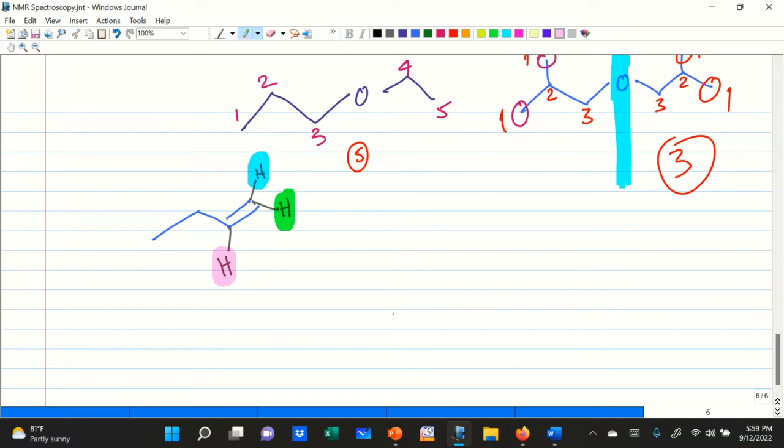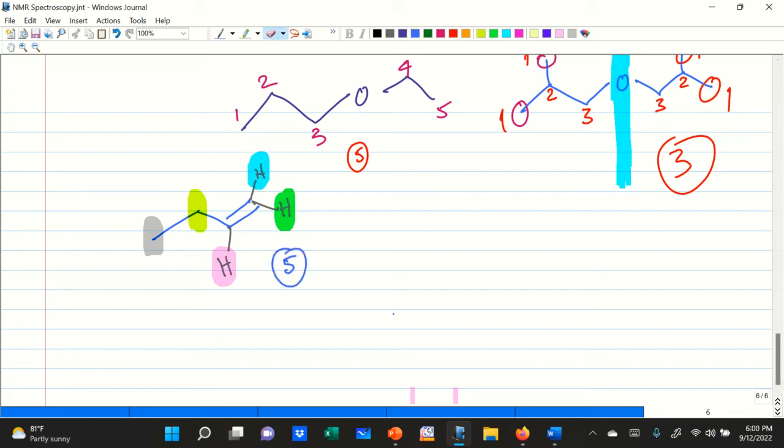The double bond being fixed and rigid makes this blue and green different. And then you have other signals: here is another hydrogen, and of course here you have another hydrogen, giving you a total of 5 different signals. So you have 5 signals.